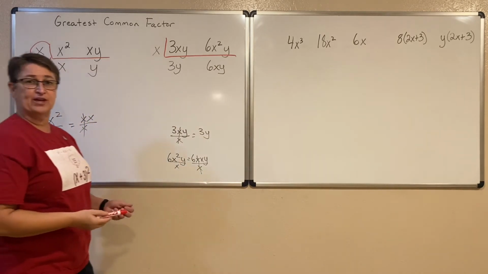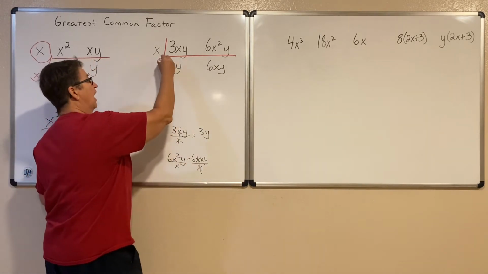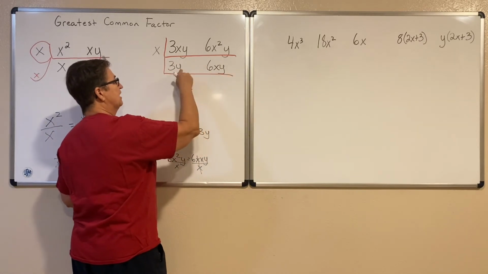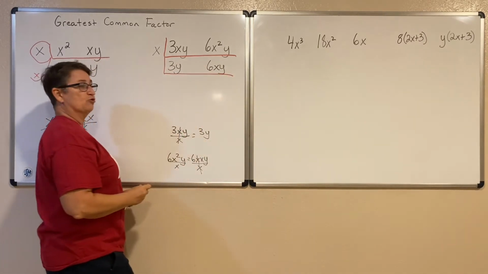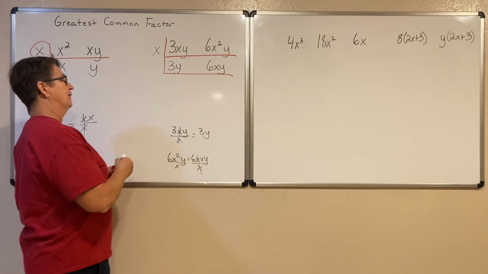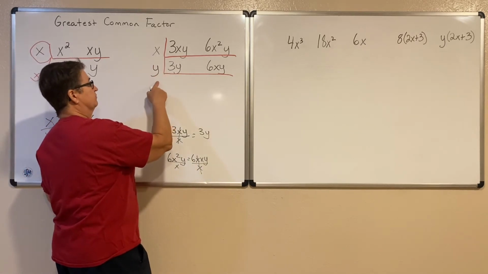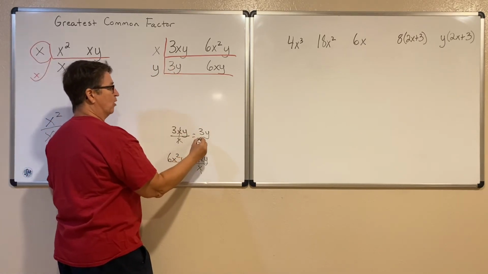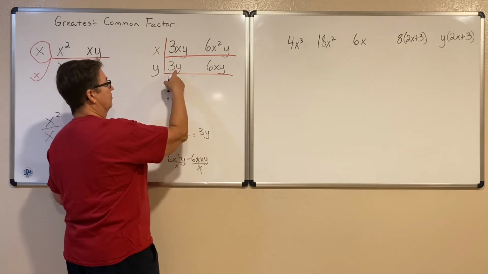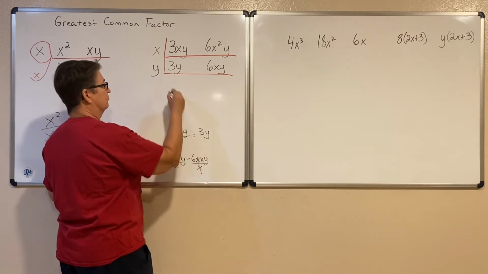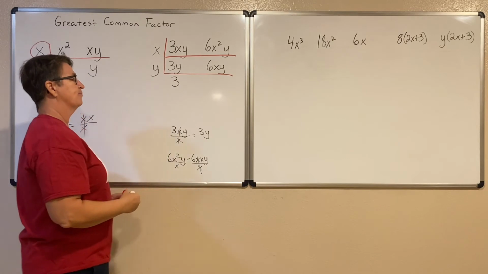I'm going to look for anything else they have in common. I notice that they both have a y in common, so I could factor out that y. If I divide this by y now, then the y's would cancel, and it just leaves me with 3.